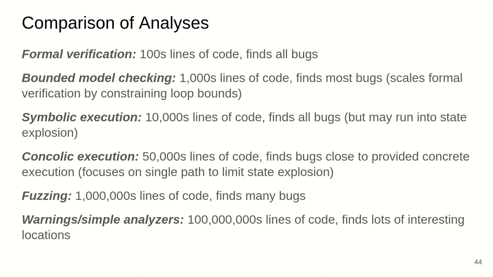Now, we've talked about some different aspects here, and you may have heard about other testing tools or ways to find bugs. I just wanted to give you a bit of a comparison between analyses, so that you can rank this along different dimensions. Formal verification is the strongest tool.